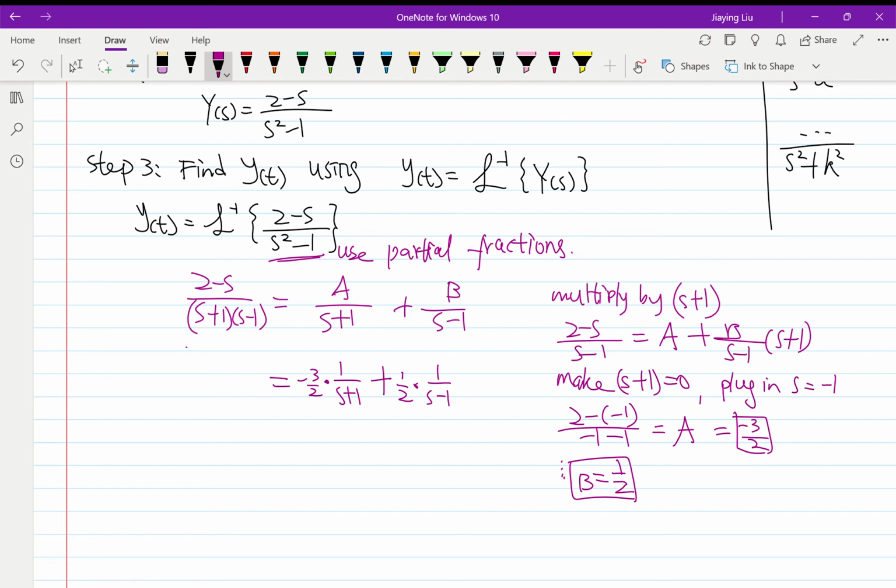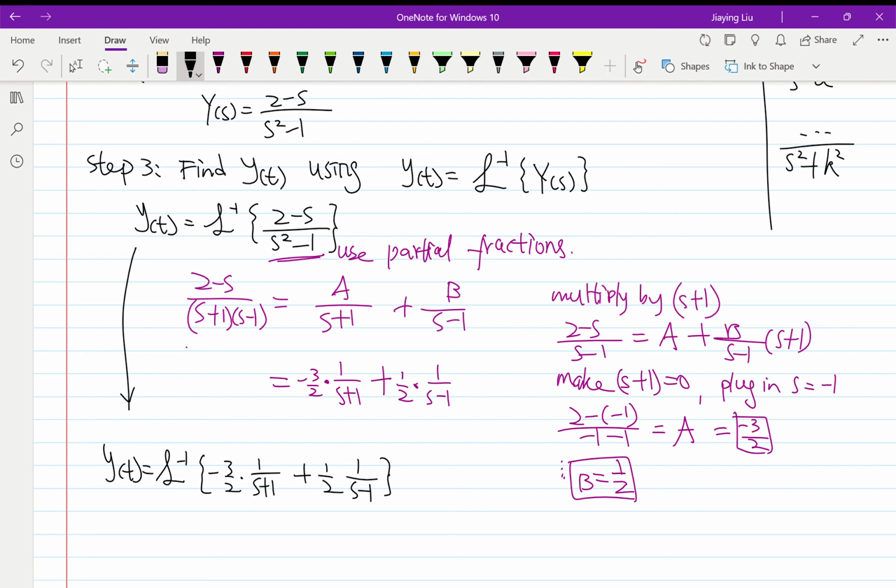Now I can go back to find y of t. So recall that y of t equals inverse Laplace of this fraction, but that's being replaced with partial fractions. So negative 3/2, 1 over s plus 1, plus 1/2, 1 over s minus 1.